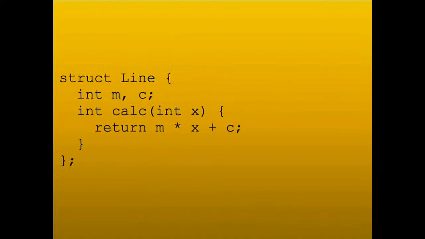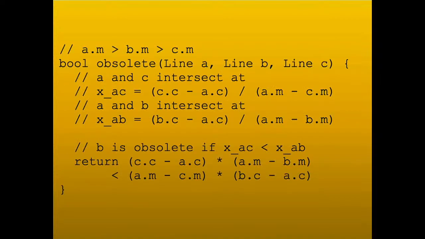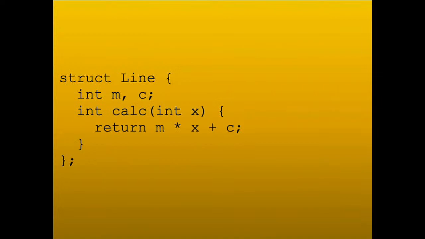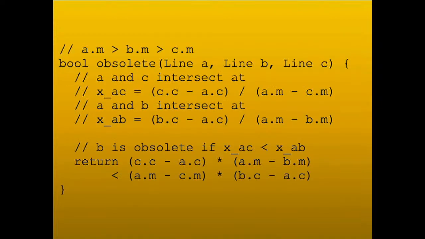Okay. As usual, let's create the class first. Just a line with M and C, right? And then we create a tag there to make it easier later to find the y value if we give it x. The idea is that you create a simple obsolete method. Let's say we call this with B being the one on top of the stack, A the one on the second top of the stack, and C the one that we're going to push into the stack.